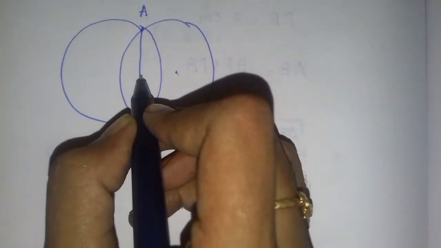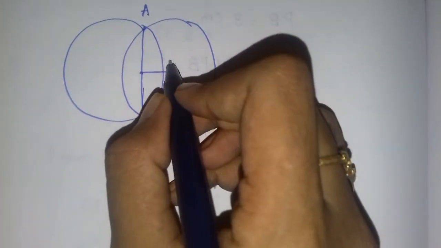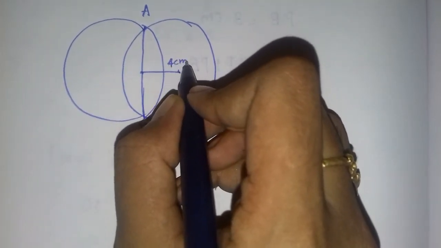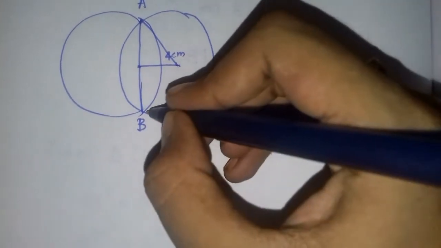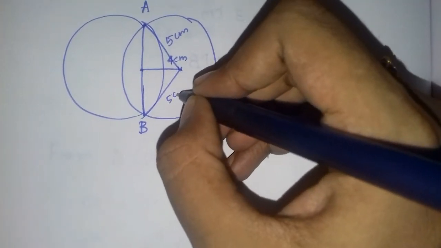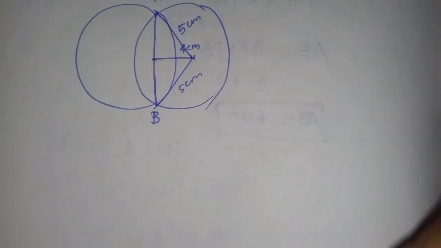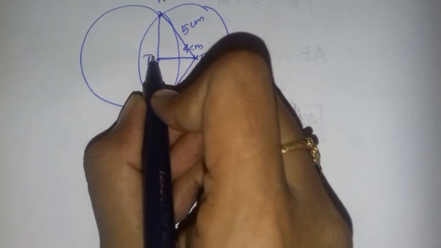The distance between the centers of the two circles is 4 centimeter. This distance is given. And the radius of one circle is 5 centimeter and the other circle is 3 centimeter. That is not necessary for us. This is 5 centimeter. So now mark all the points. This is O, this is D.